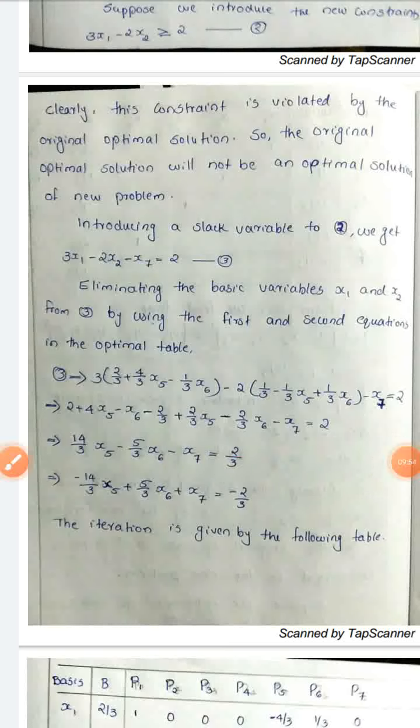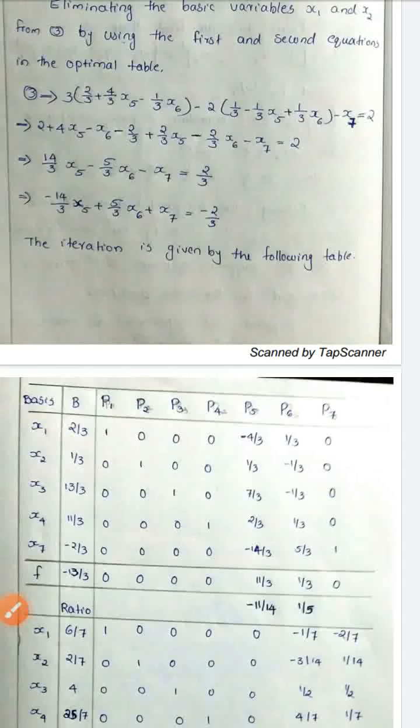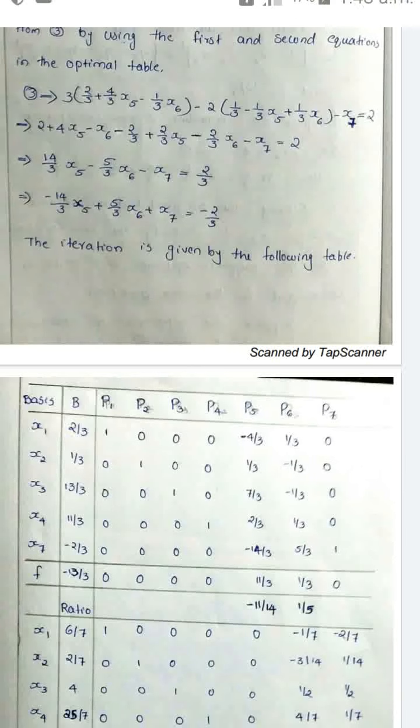Then solving these we get minus 14 by 3 x5 plus 5 by 3 x6 plus x7 equal to minus 2 by 3. Then the iteration is given in the table. In this table, up to x4 we already have. Then we add x7. The coefficients are taken from here.